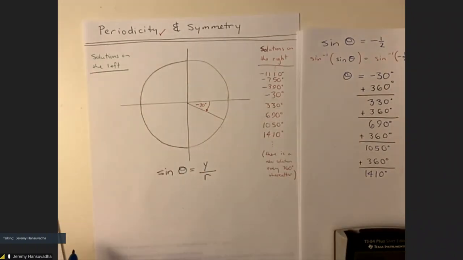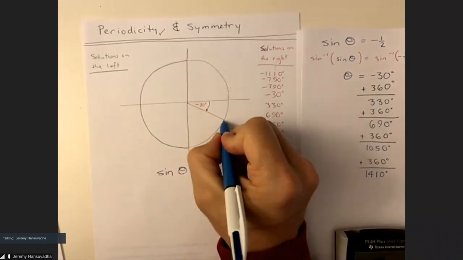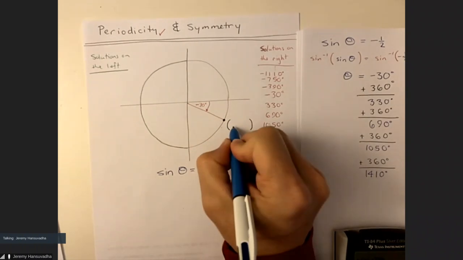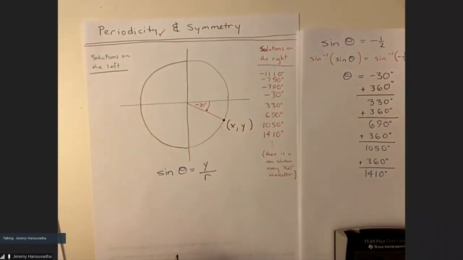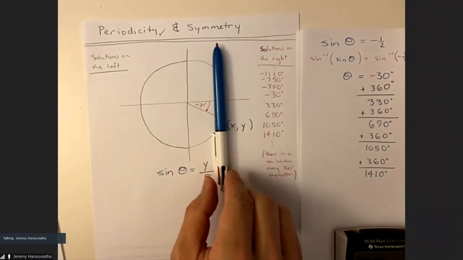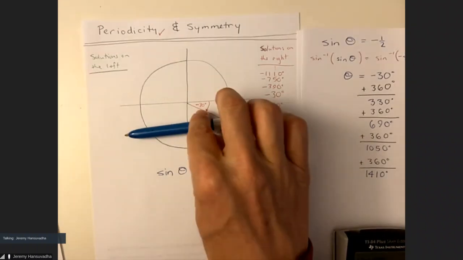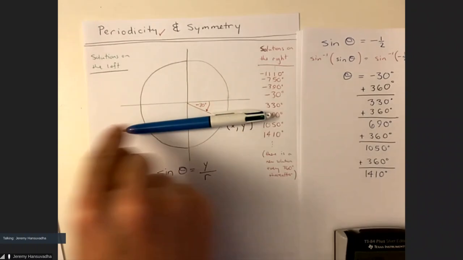y value? Well, this point on the circle is located at x, comma, y. So the x-coordinate is this one. The y-coordinate would be this one. So what other points on the circle share this y-coordinate?